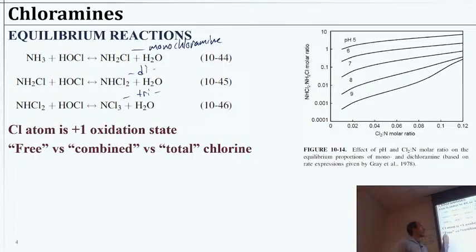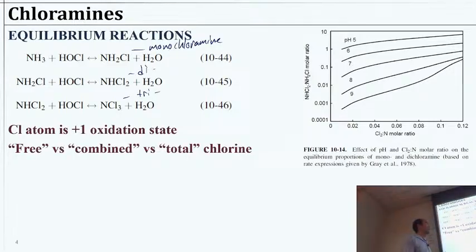Now, this means that if we have both ammonia and free chlorine together, we will have some monochloramine, some dichloramine, and some trichloramine. These are a bit pH dependent, and typically monochloramine dominates, meaning we end up accumulating more of that. And it also depends on how much chlorine we've added relative to how much ammonia.